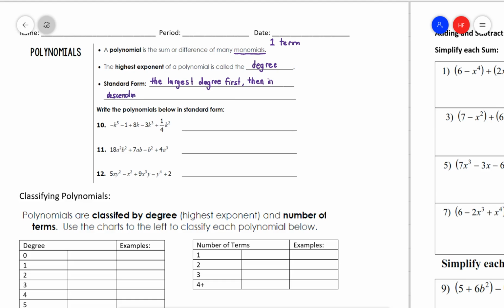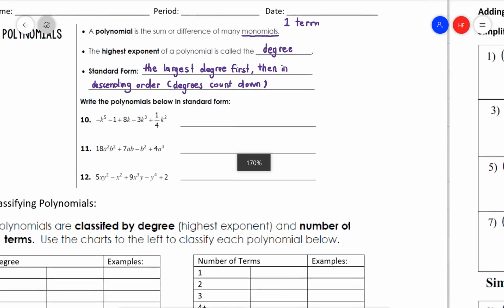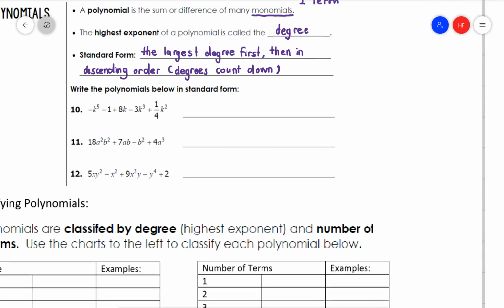So we want our degrees to count down from left to right. When we're writing these polynomials in standard form, we want to take the largest degree first.